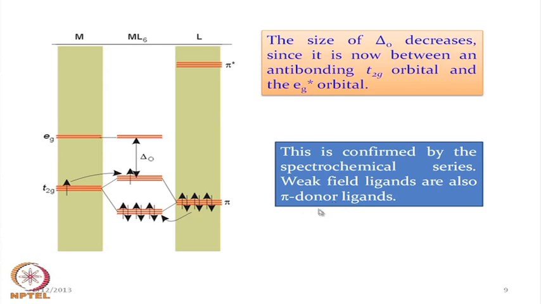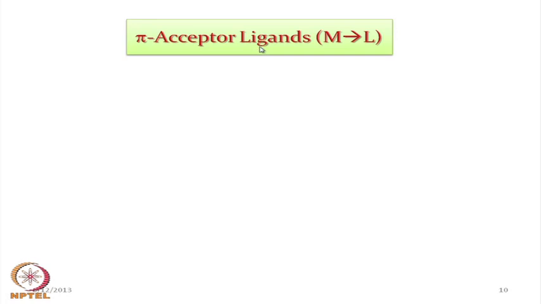It is true for pi acceptor ligands, that we will discuss in our next class, that these pi acceptor ligands will modify the corresponding splitting energy for these two levels, but the donor ligands can only reduce the splitting and will be on the left hand side of the spectrochemical series where they are considered as the corresponding weak field ligands.